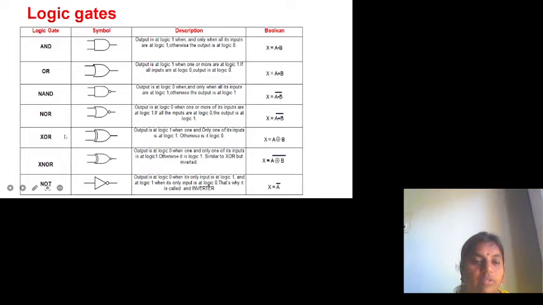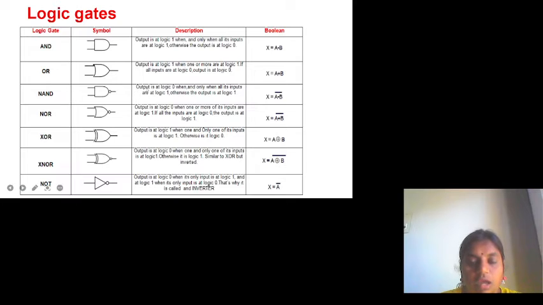Similarly, coming to the NAND and NOR combinations, they are called universal logic gates, and any combination can be represented by means of these two. The Boolean expression is the complement of the AND operation. Here A dot B is the AND, then A dot B whole bar is the complement of the AND operation.